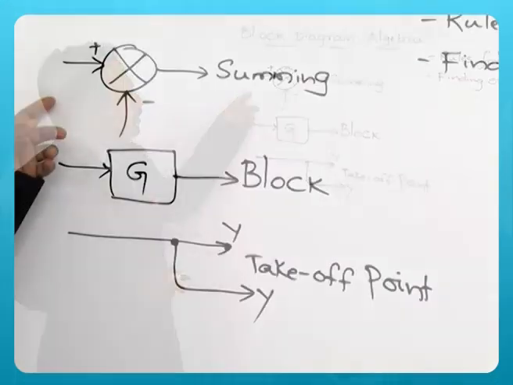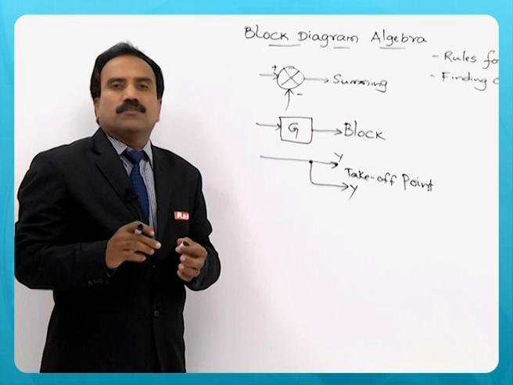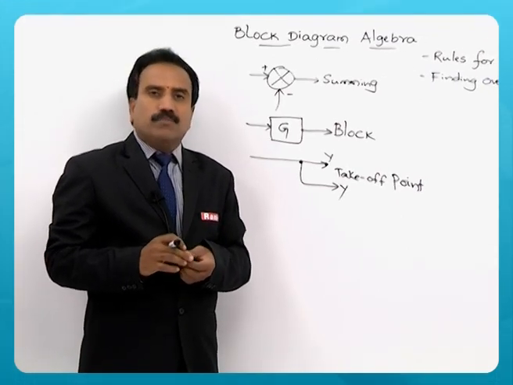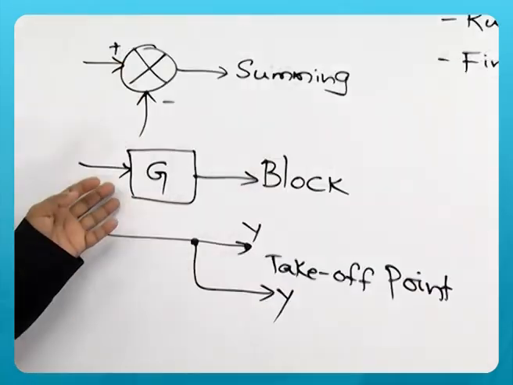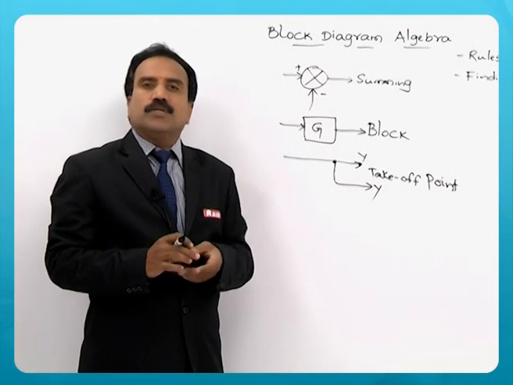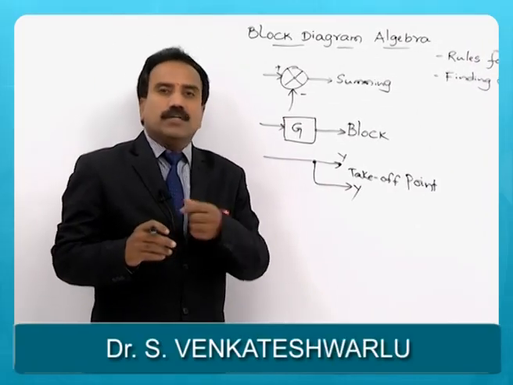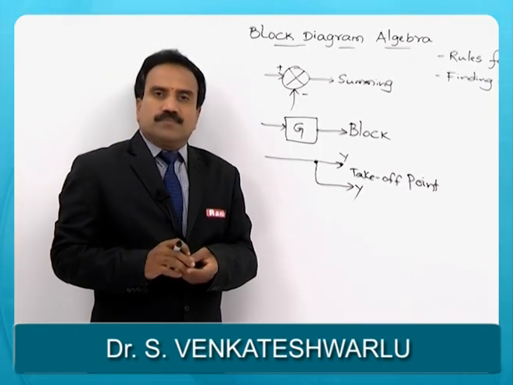So, these are the 3 components of a block diagram, but when any system is represented in the form of a block diagram, it may consist of several blocks, several summing points, several takeoff points. The system may look very complex, but I am interested in the overall transfer function of the system.